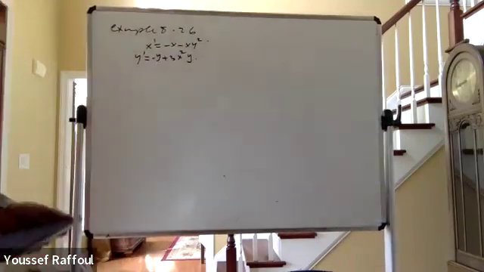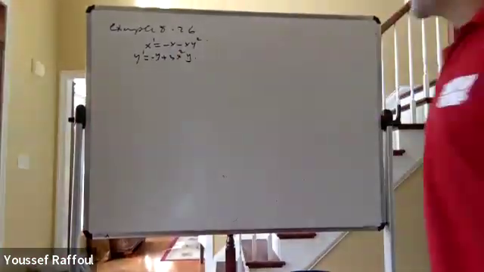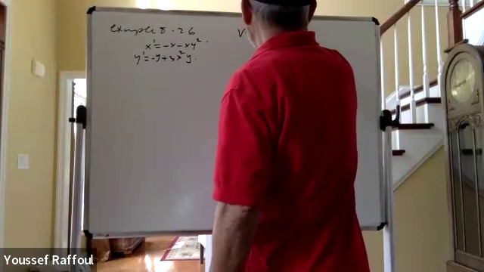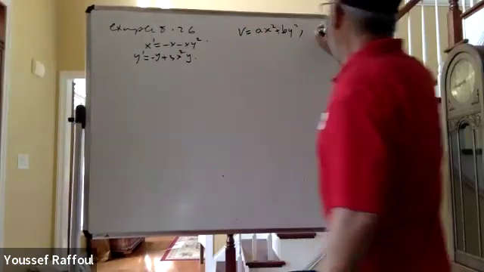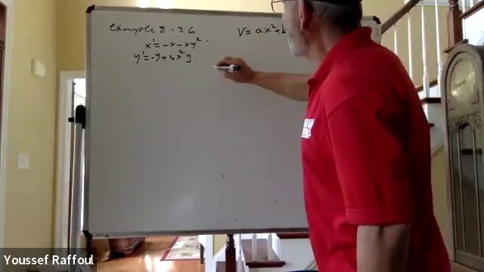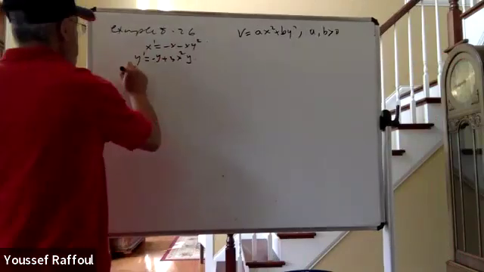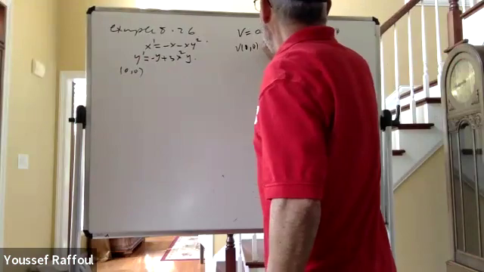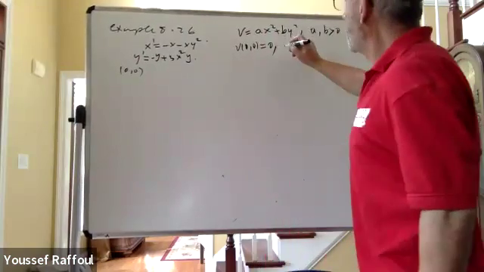Okay. So let's take a look at V equal a x squared plus b y squared. a, b are positive. Then, so here we have (0,0) as a critical point. Then we have V(0,0) is 0.